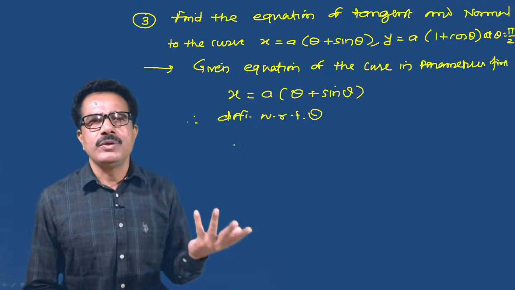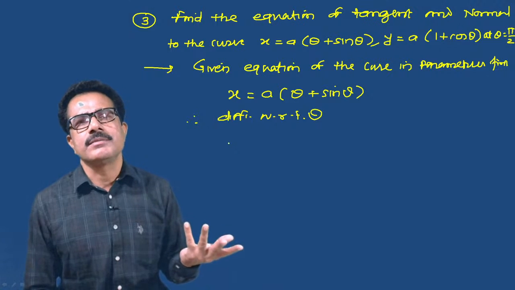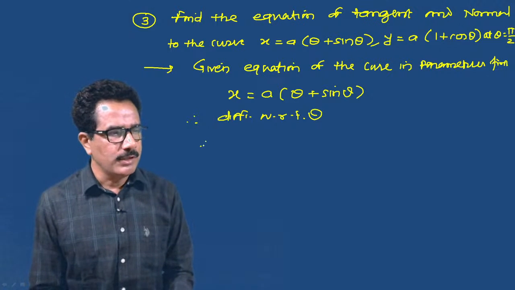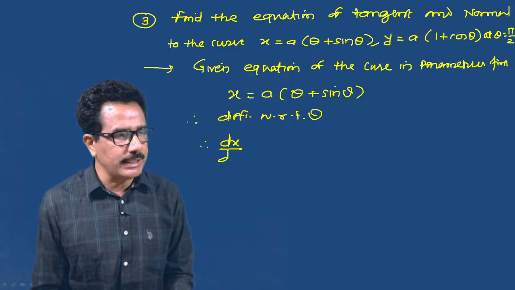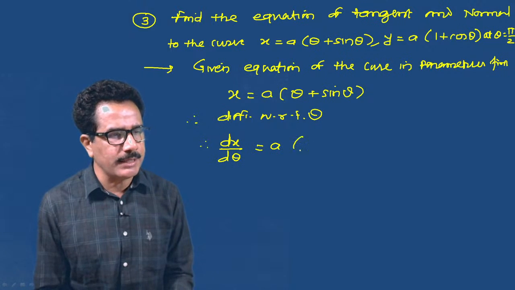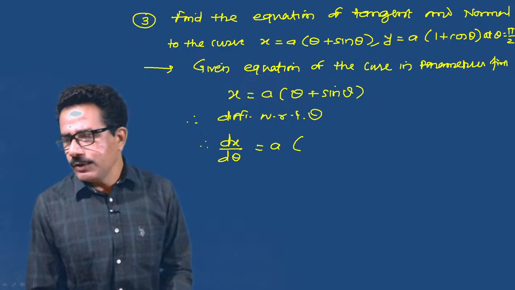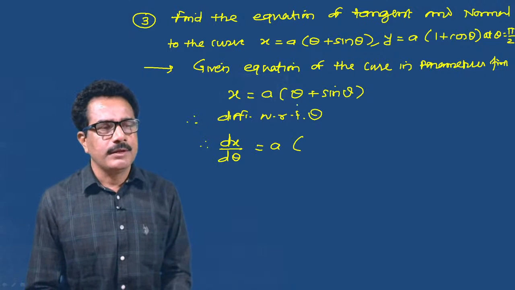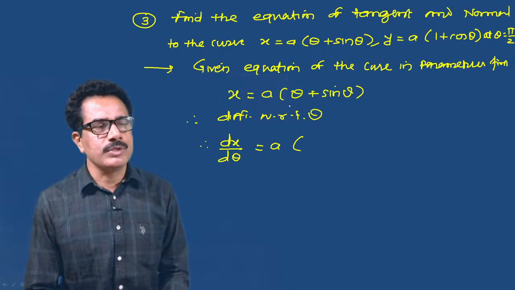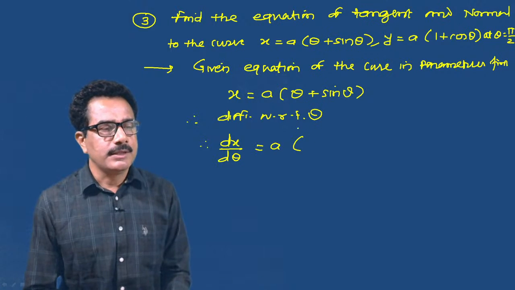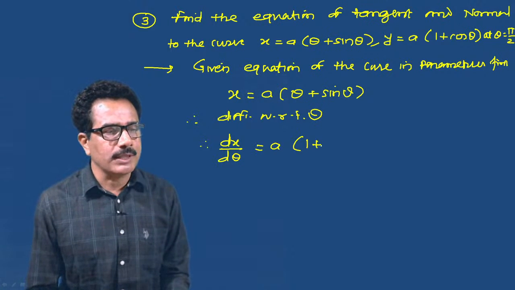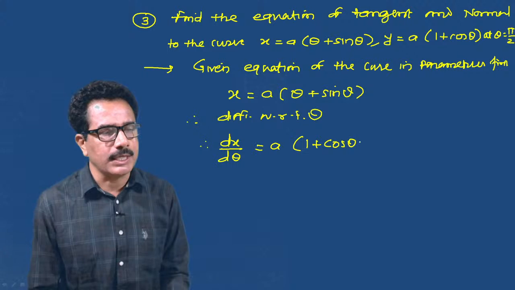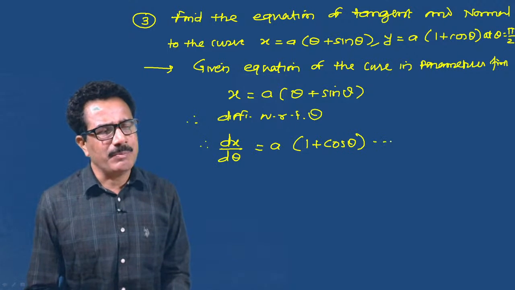So dx by d theta is equal to a in a bracket, derivative of theta with respect to theta, what is it? Tell me the value of this bracket. The derivative of theta with respect to theta is 1, the derivative of sin theta is cos theta. So this is a simple derivative.